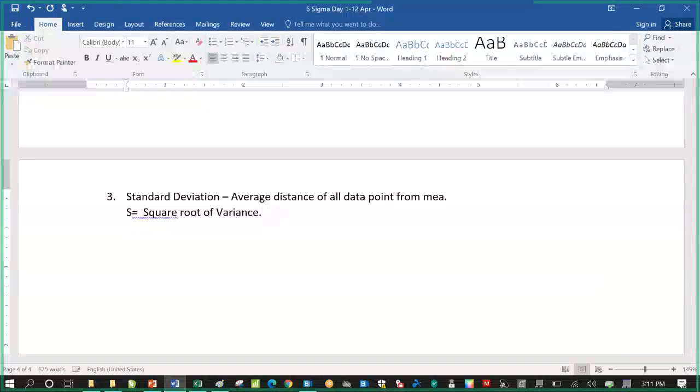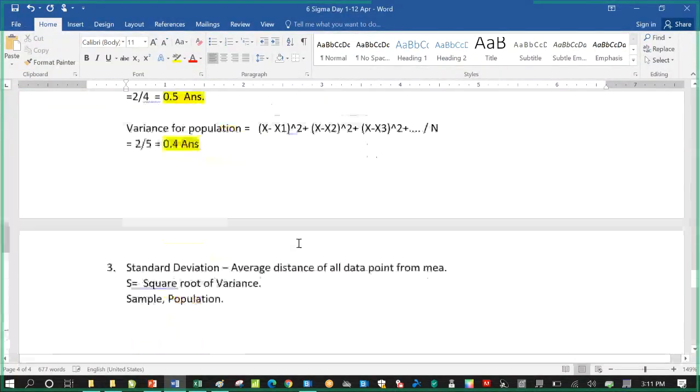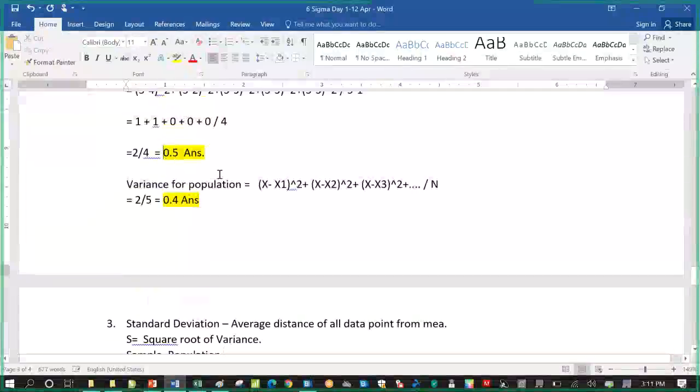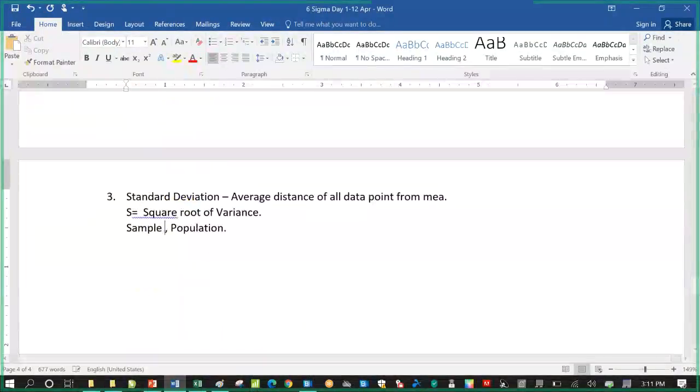Okay. Now, in standard deviation, again, there are two things. One is for sample, second is for population. When you put a square root on the sample variance, it becomes the sample standard deviation.